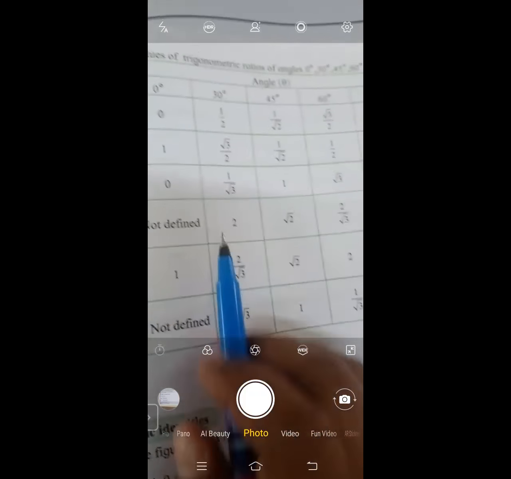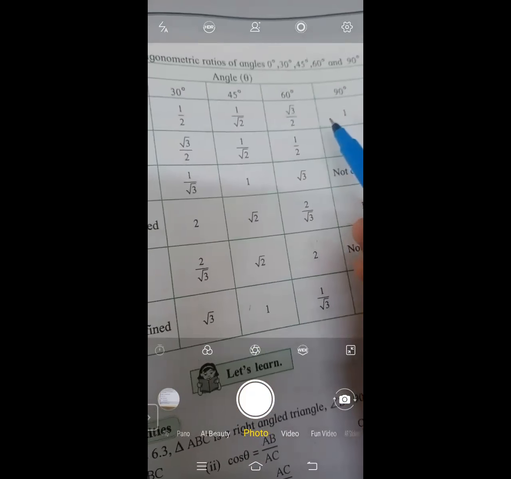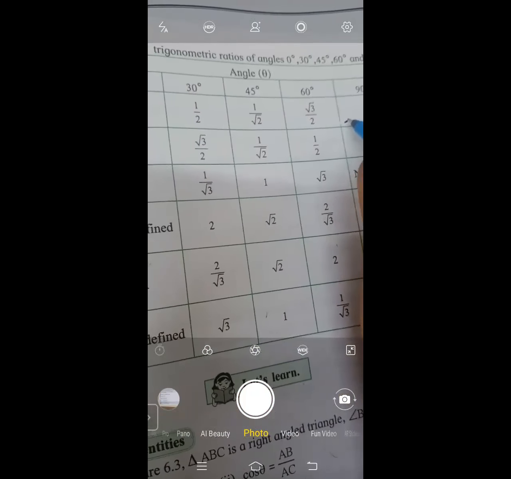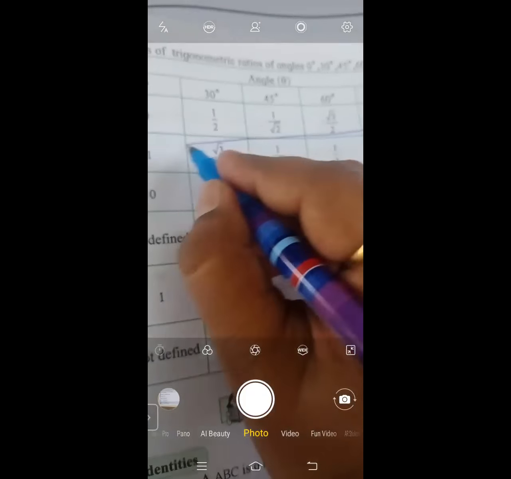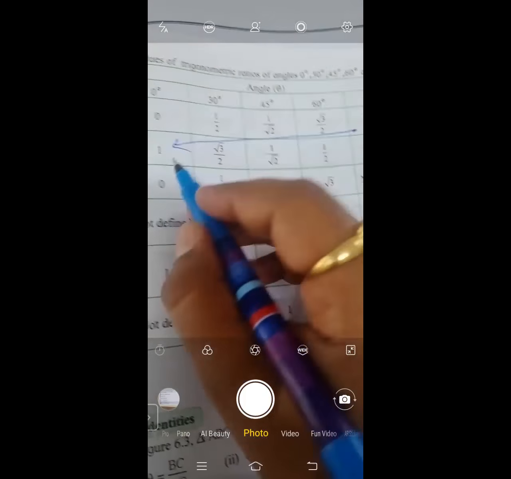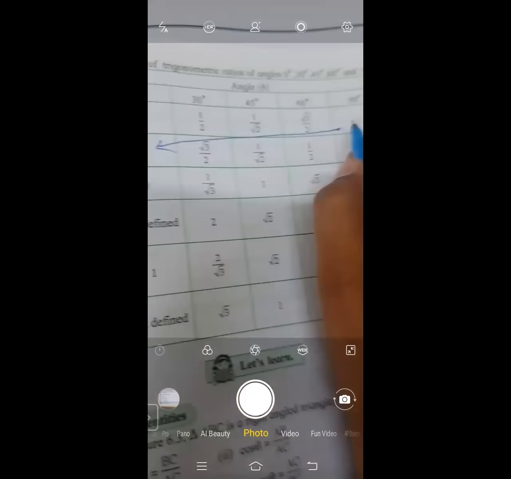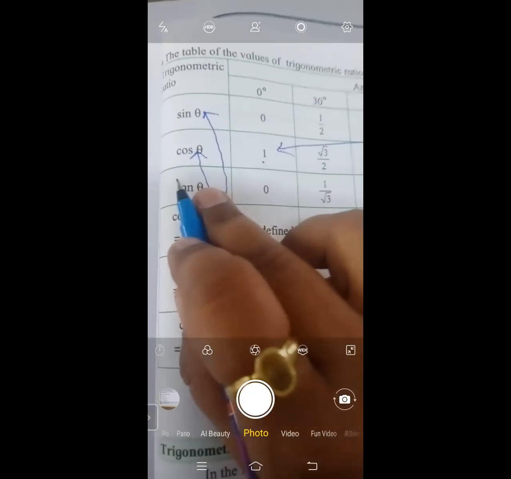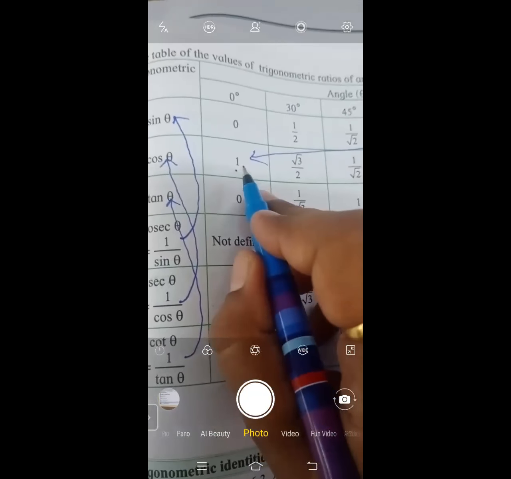Then for cos theta, we can write it from the first row like this. We will just interchange the last column with the first one. The last one was 1, so for cos 0 degree the value is 1.